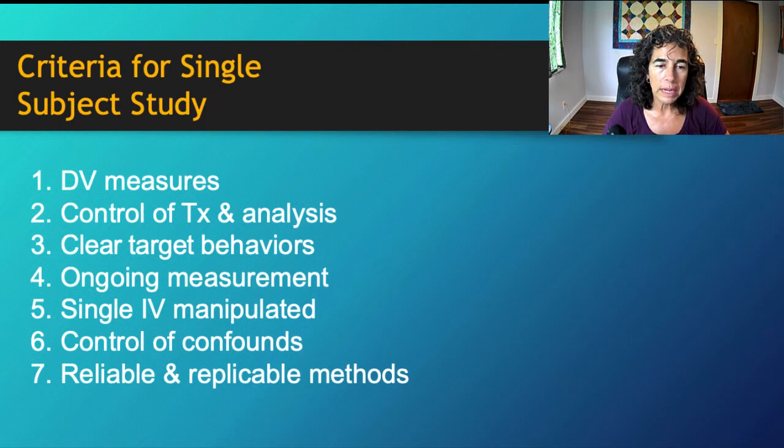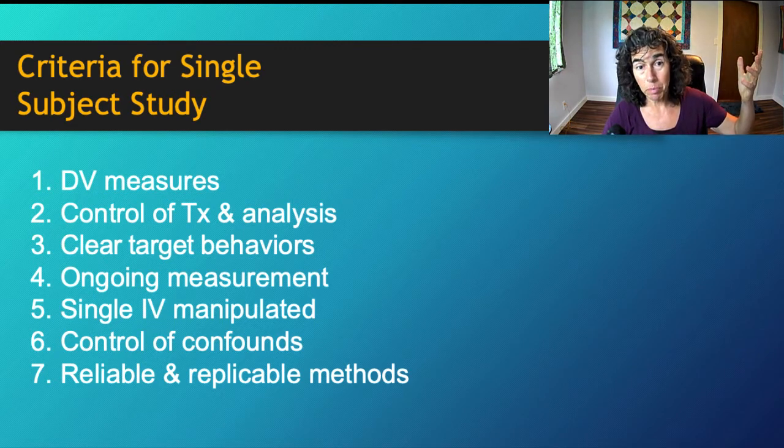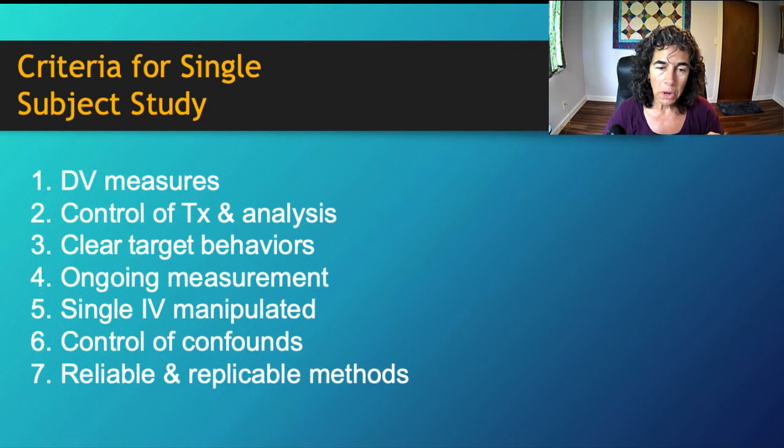Number 4 is that continuous measurements are taken through each phase of the study. So we're measuring the dependent variable in step 1. In step 4, we're measuring a whole bunch of stuff throughout the study, and measuring continues until the design requirements are satisfied. So it really depends on what we're looking for and how we design the study.